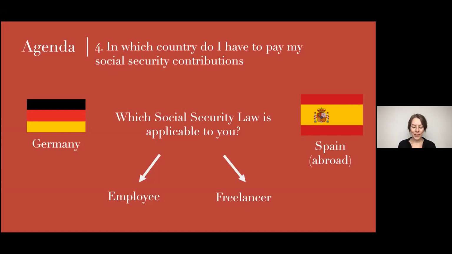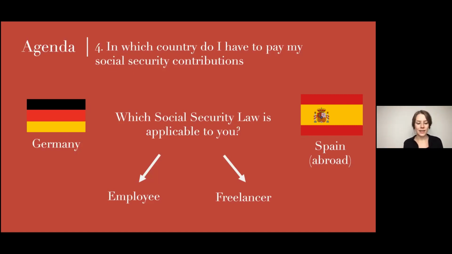And I assume that this sounds complicated, and I do agree. Just to clarify, what does a substantial part mean? That means more than 25% of your work must be carried out in the state of your place of residence. And this is in regard to working time or your wage.